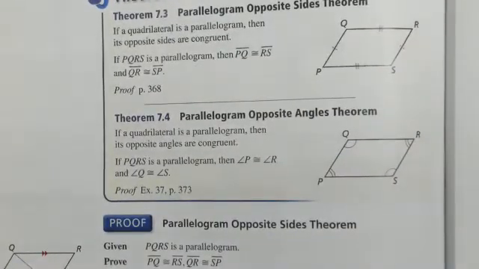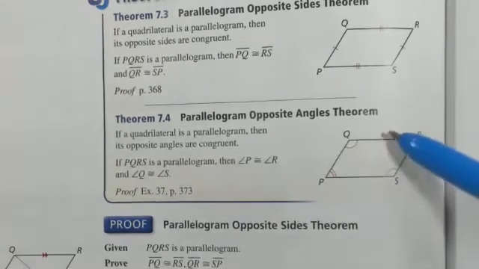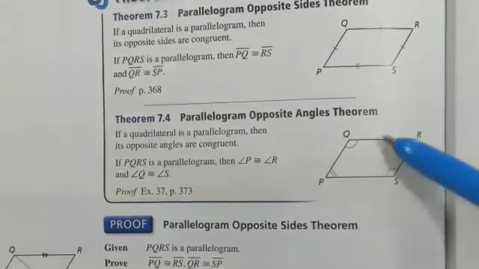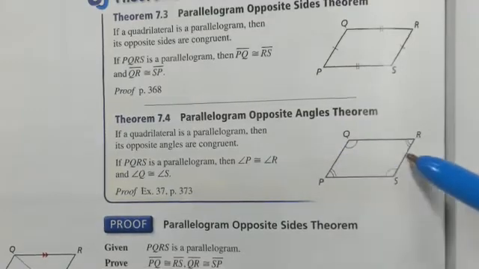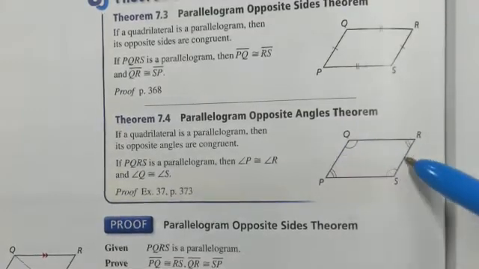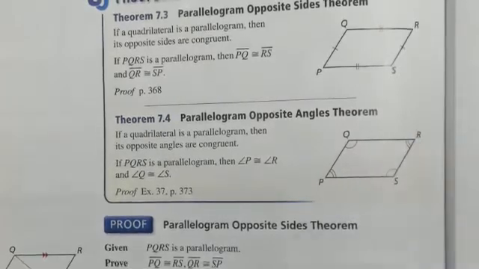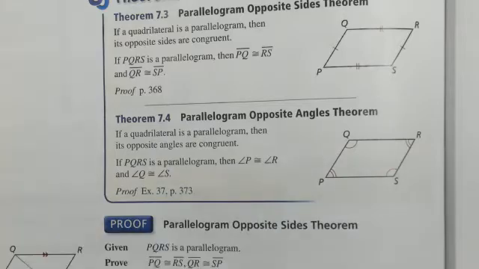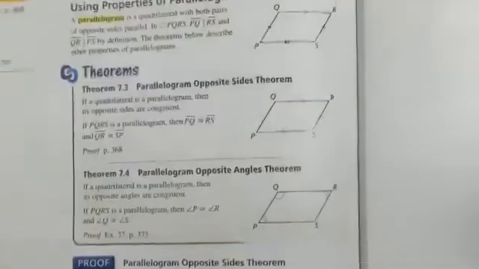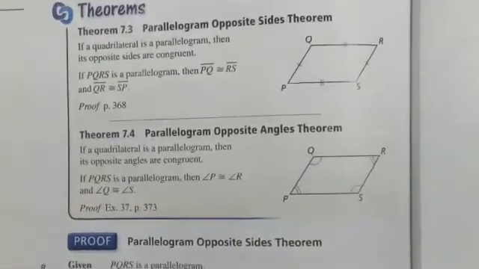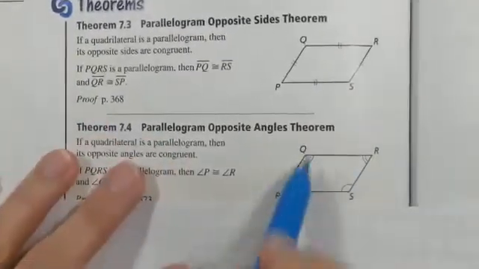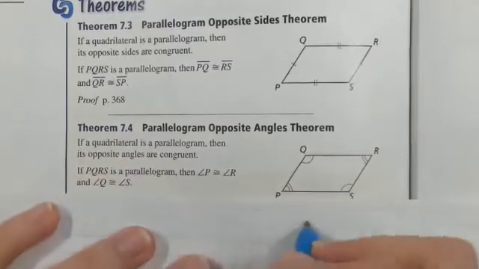The next theorem says parallelogram opposite angles theorem. So now we know that we have opposite sides parallel, opposite sides congruent. Now our opposite angles are also going to be congruent. So if you were to think of these opposite sides, let's just take QR, okay?